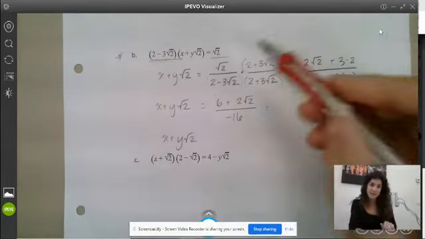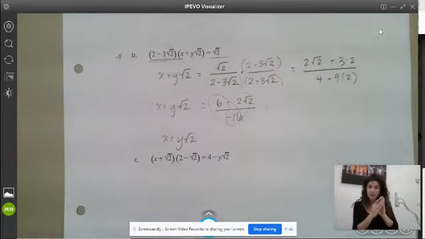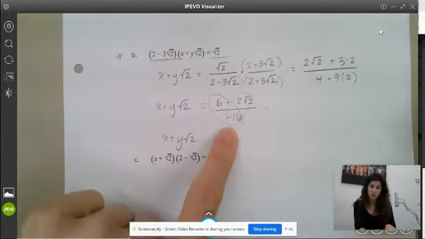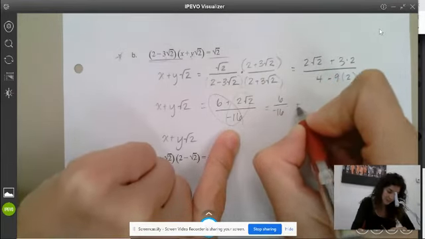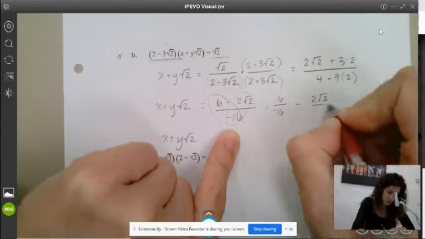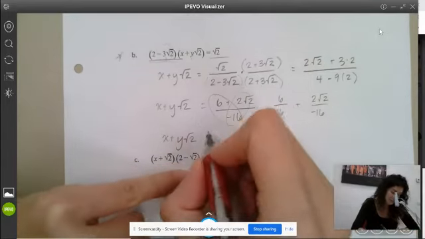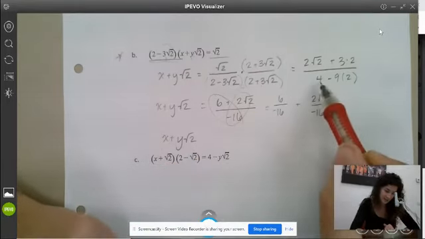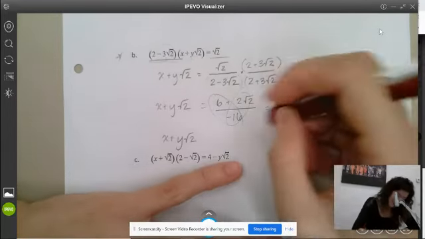And remember that this can simplify down to 2 fractions separated out. You just have to bring that denominator with both of those numerator pieces. So it's going to be 6 over negative 16 plus 2 square root of 2 over negative 16. So then that simplifies down to negative 3, oh wait, no, not 16. 4 minus 18 is negative 14, my bad.